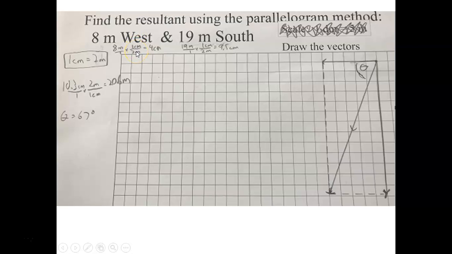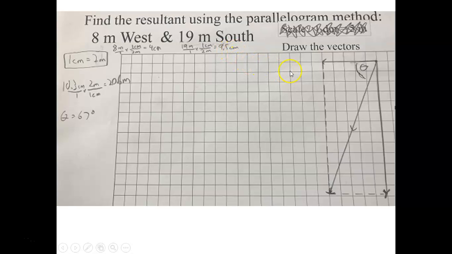It's like multiplying by 4 over 4. So I'm going to divide by the 2, and I'm going to get 4 centimeters, and that'll certainly fit on my grid. And then we've got 19. I'm going to use the same process. 2 meters equals 1 centimeter, so I divide by that, and I get 9.5 centimeters, and that also fits on my scale.